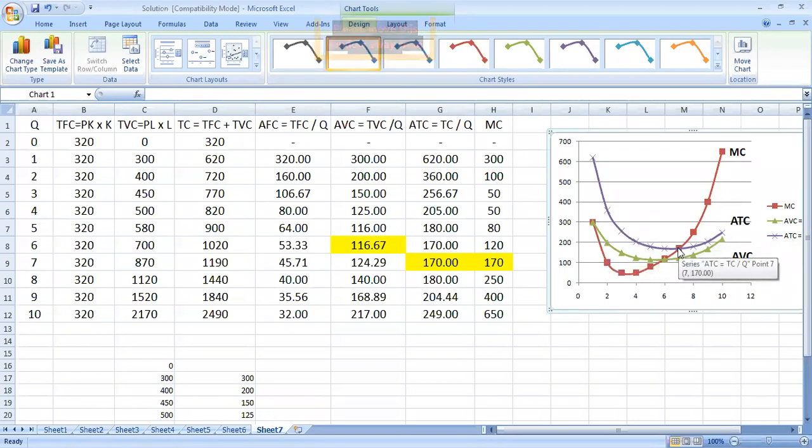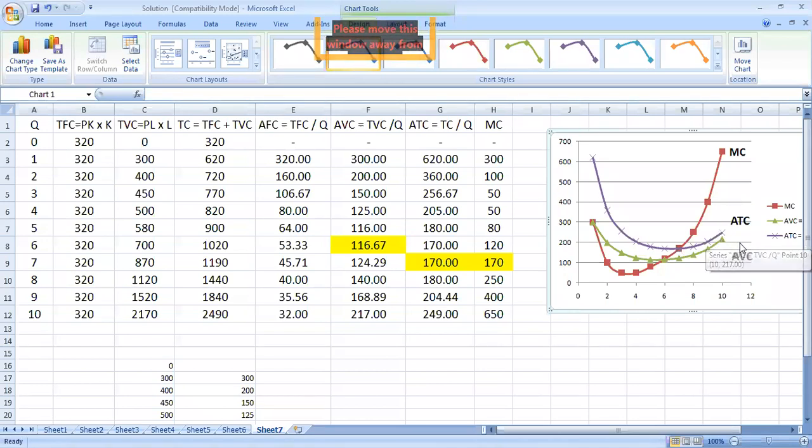Then the second point appears, where average total cost is minimum, and it is equal to marginal cost. In the third case, marginal cost is greater than average total cost, and average total cost is greater than average variable cost. Average variable cost and average total cost are moving parallel, closer to each other. They can never be equal to each other.